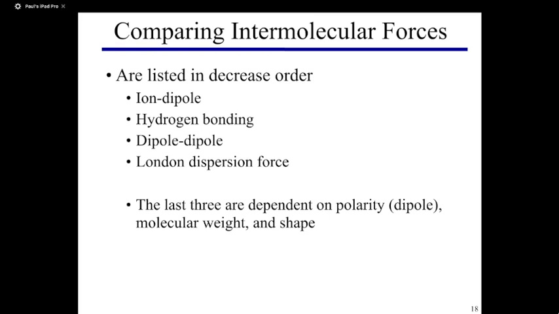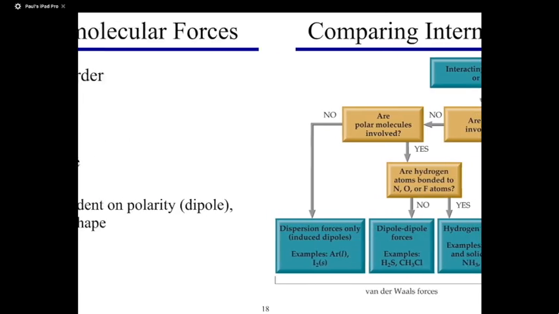And the last three are dependent upon if it is polar, a dipole moment, its molecular weight, and its shape to fully flesh out exactly how much attraction that you're going to have. Now, you're never going to be able to tell me a value of attraction. Okay? There's no math in this one, but you can do comparisons between things, or you can identify what forces are available.